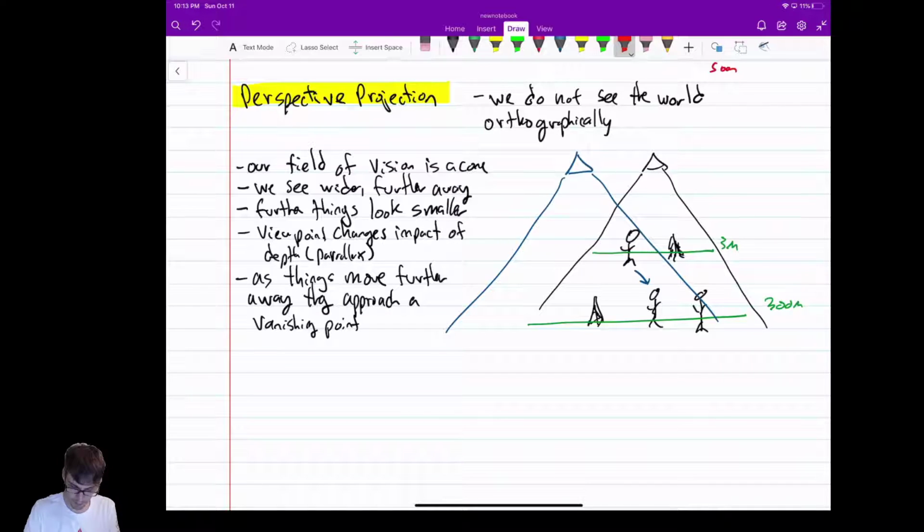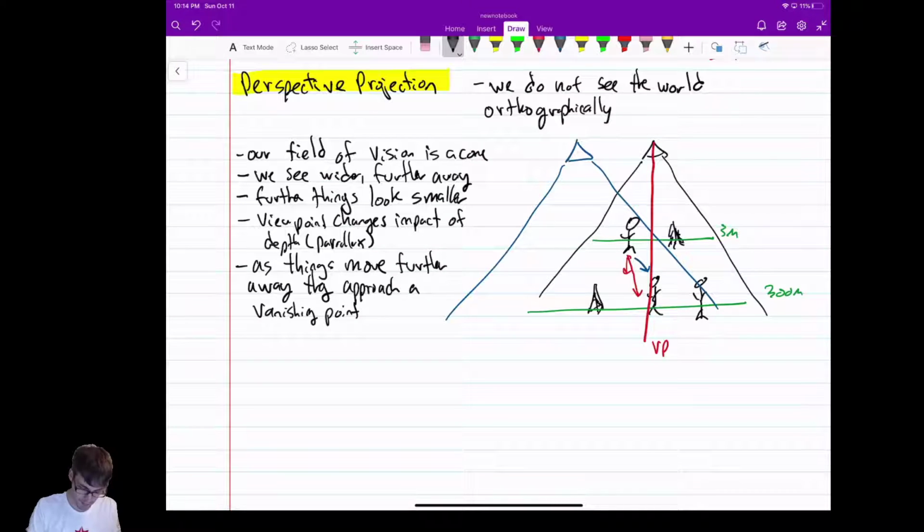If I draw my axis here, and this is my vanishing point, if this person runs away, they won't stay in the same spot. They'll seem to be approaching this line. And because of this, parallel lines converge.